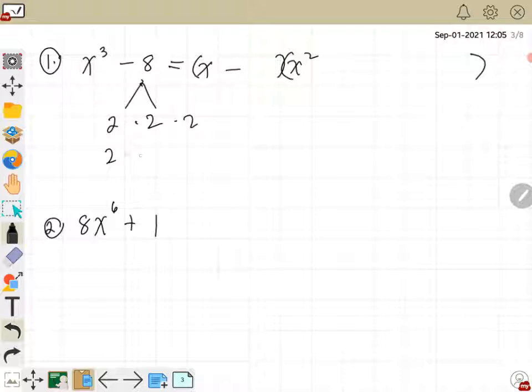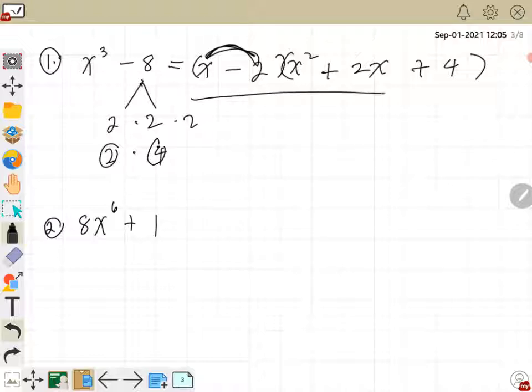So that gives us 2 times 4. I'll use 2 here, then plus 4 here. Since this is minus, x minus 2, this is plus here. Then multiply x and 2, that's 2x. This is now your factor.